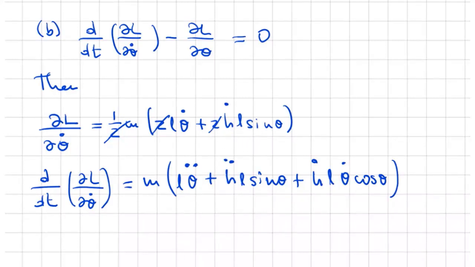So do you remember, it's straightforward to remember that the derivative with respect to the time of AB is equal to the derivative of A with respect to the time times B plus A times the derivative of B with respect to the time. That's what I did. So we have that expression right now. Okay.